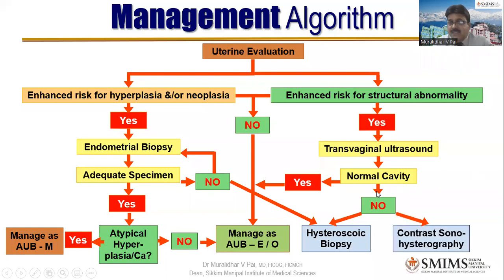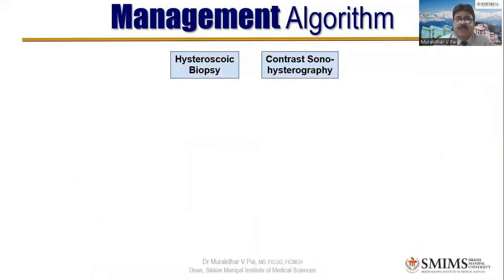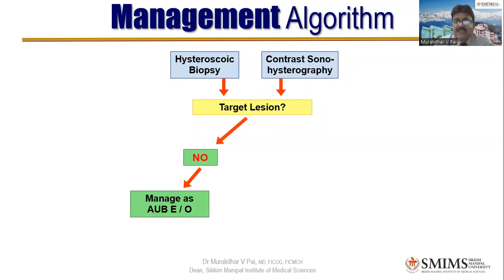Suppose the cavity is not normal, if you don't have hysteroscopy in your office, or if you find that it is expensive, invasive, you can go for a contrast sonohysterography as well. Now, either hysteroscopy or contrast sonohysterography, they show a target lesion or they don't show a target lesion. Manage it as again a case of AUB-E or O. So AUB-E or O is very important. Endometrial AUB or ovulatory AUB.